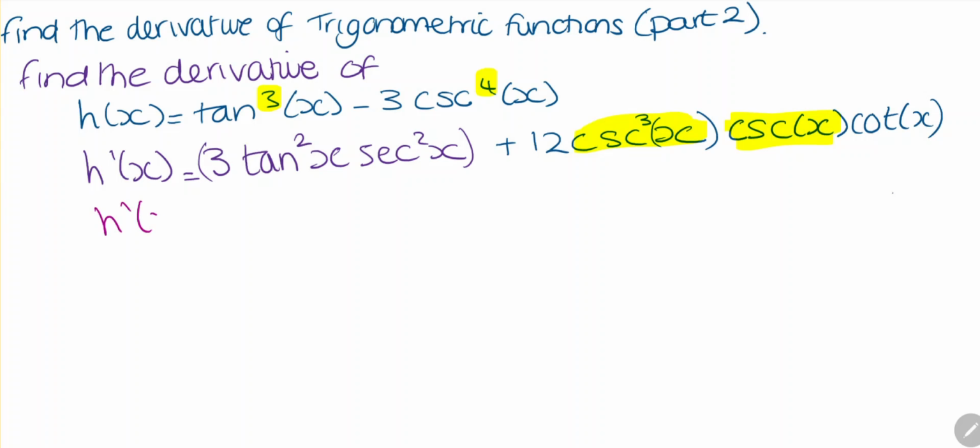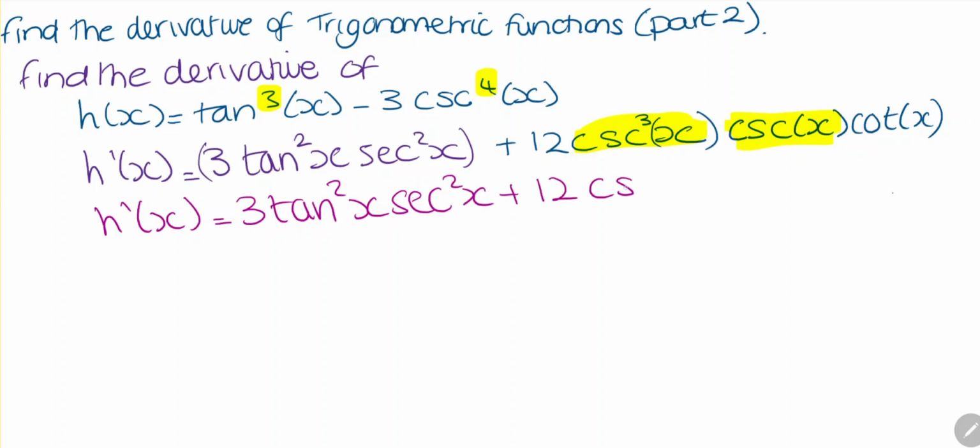So this will be 3 tan squared of x secant squared of x plus 12, and then we add the powers, so it's cosecant to the 4 of x multiplied by cotangent of x, and that is our final answer.